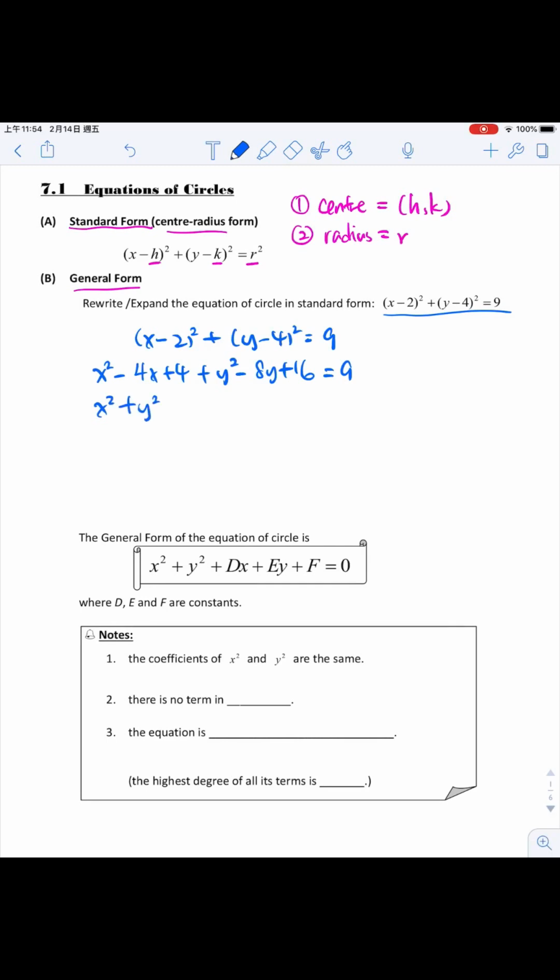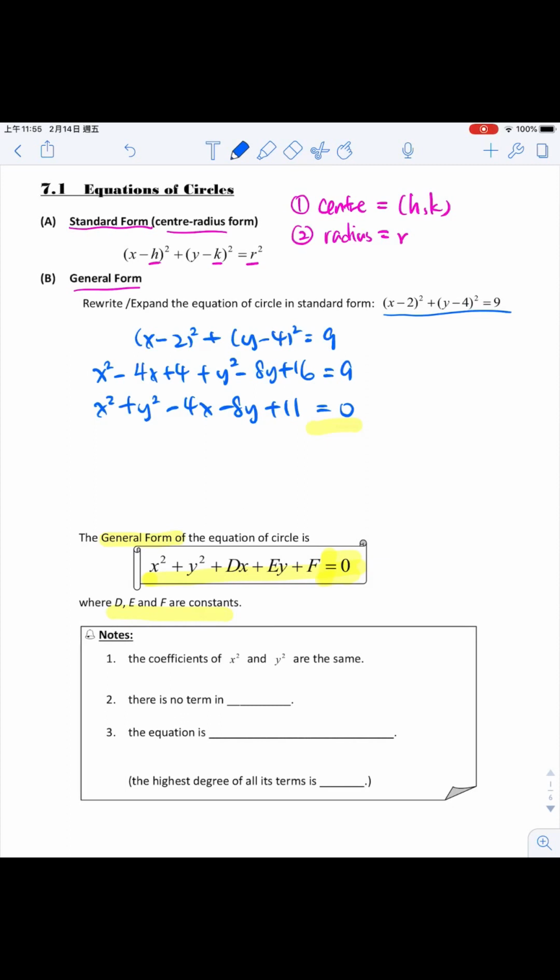And we try to transposing the terms and make one side equals to 0. And we will call this the general form of the equations, which is x squared plus y squared plus dx plus ey plus f equals 0. And here, d, e, f are constants.